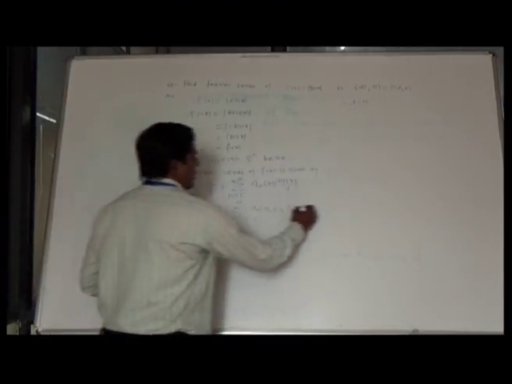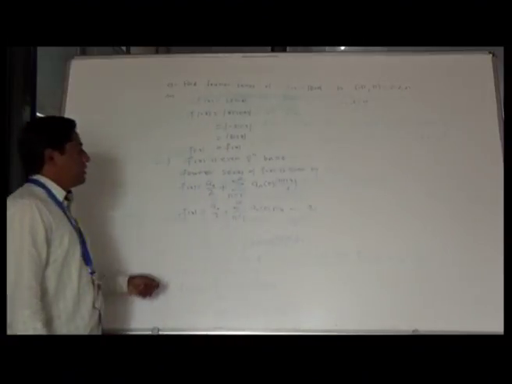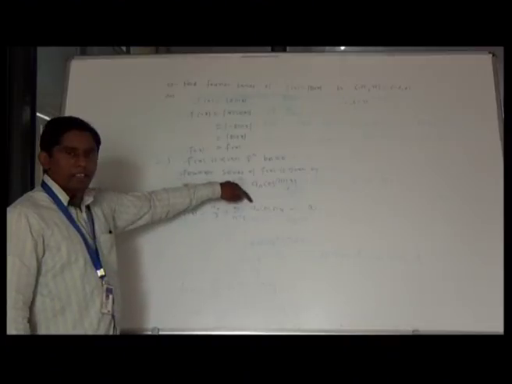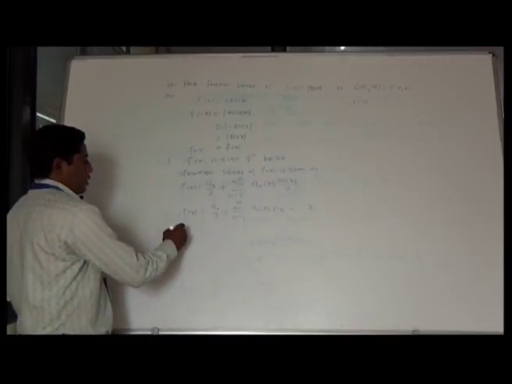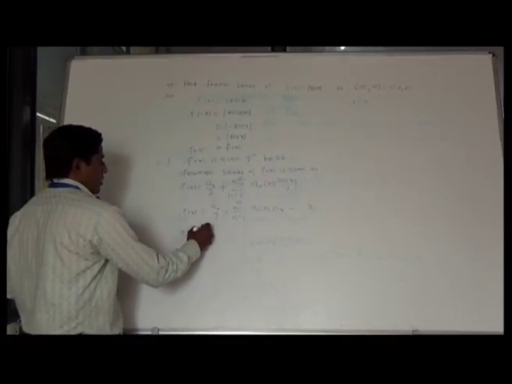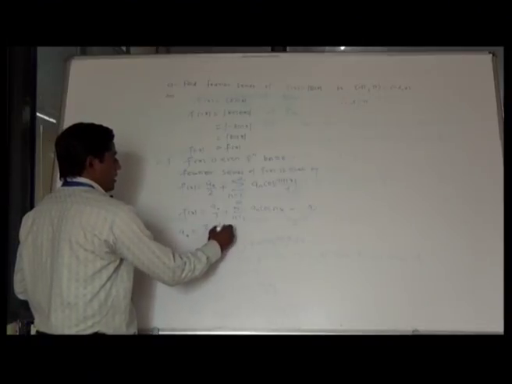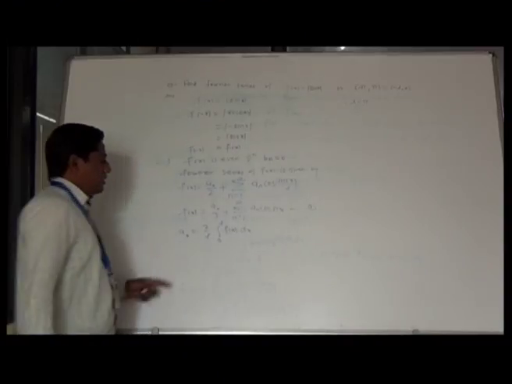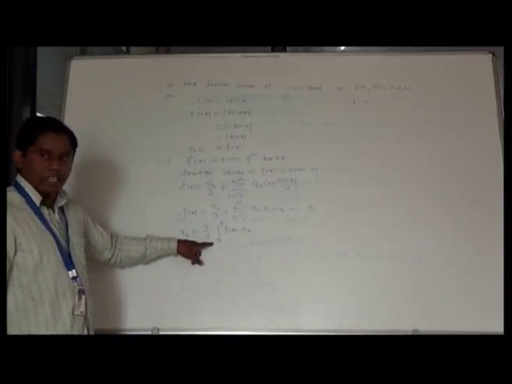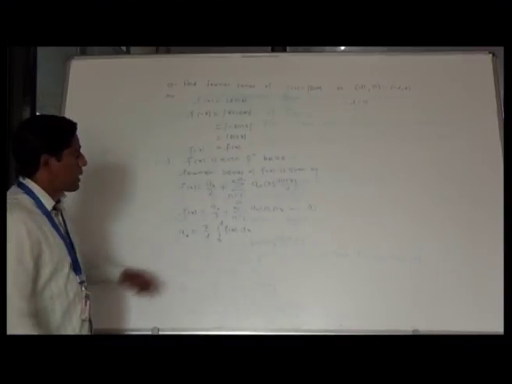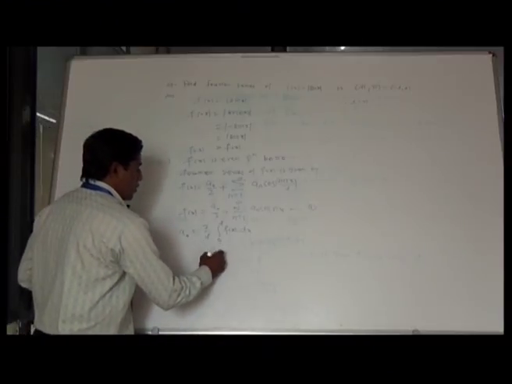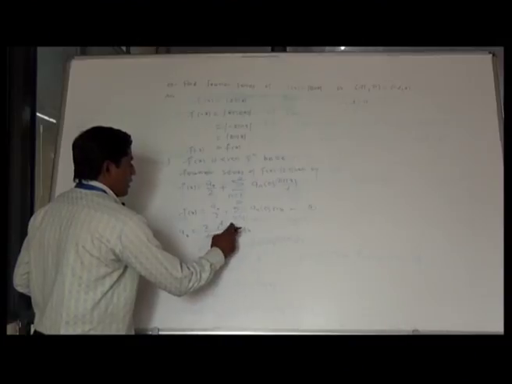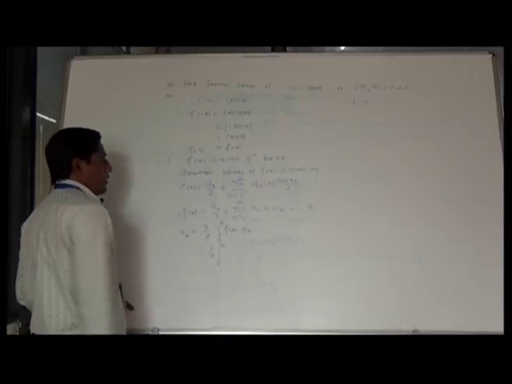Now we have to find the Fourier coefficients a0 and an. a0 is 2 upon L integral 0 to L f of x dx. Now the value of L is pi, so it is equal to 2 upon pi integration 0 to pi f of x dx.